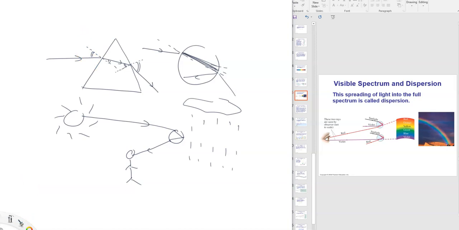So let's look into another application, a different example of refraction. Going back to the ray diagram, we know that if light is going from a thinner medium to a denser medium, air to water for example, here's the perpendicular line, incident light, refracted light.